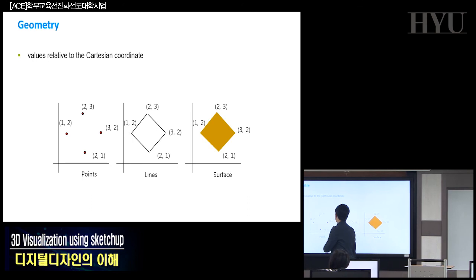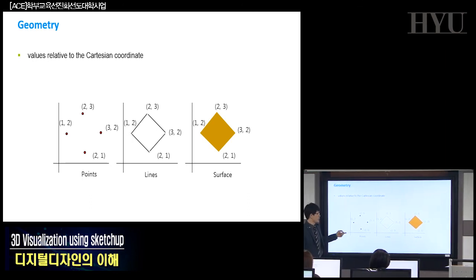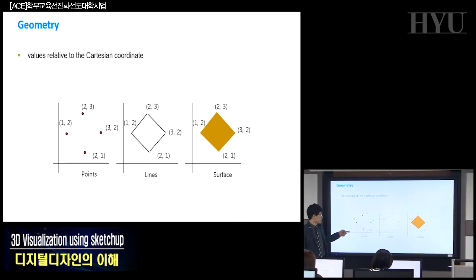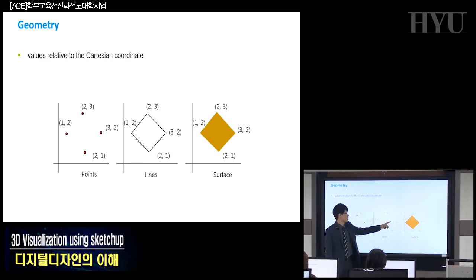Firstly, we need this kind of Cartesian coordinate system in 2D, x-axis and y-axis. And take a look at the 4 points definition: (2,1), (3,2), (2,3), (1,2). Very simple, x, y coordinate system. So 4 points are defined and we make lines to connect each other this way.